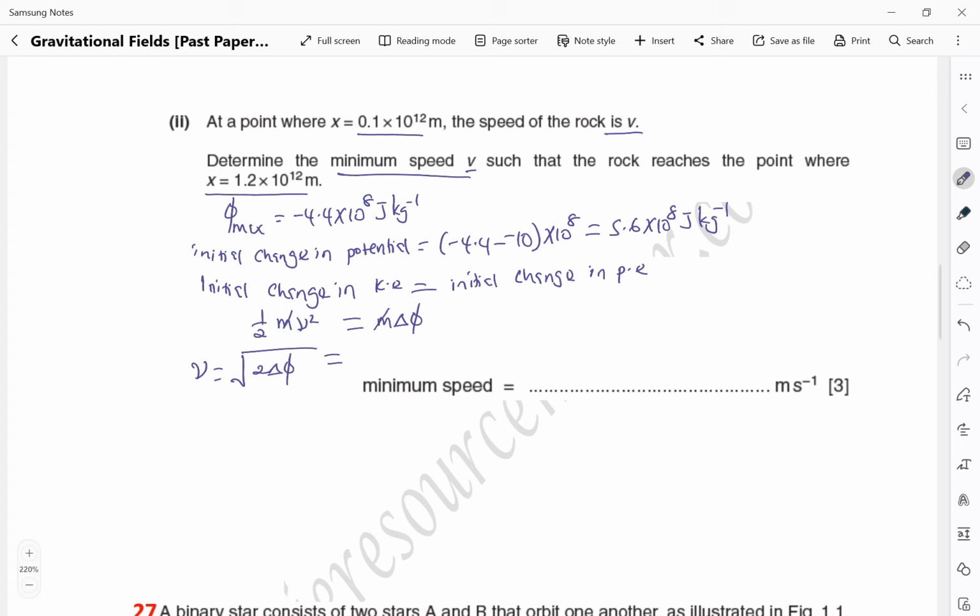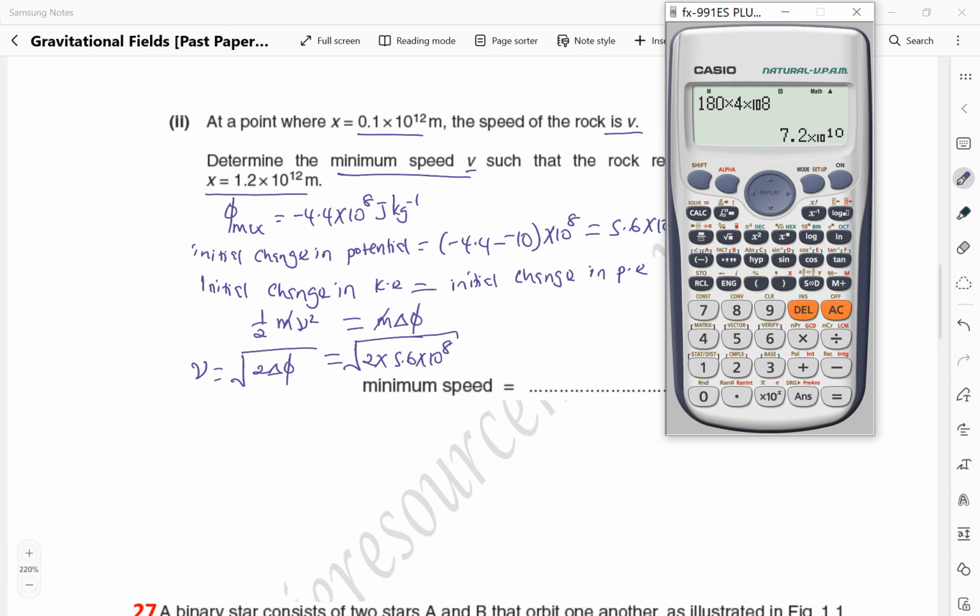And this gives us the square root of 2 times 5.6 times 10 to the power of 8.